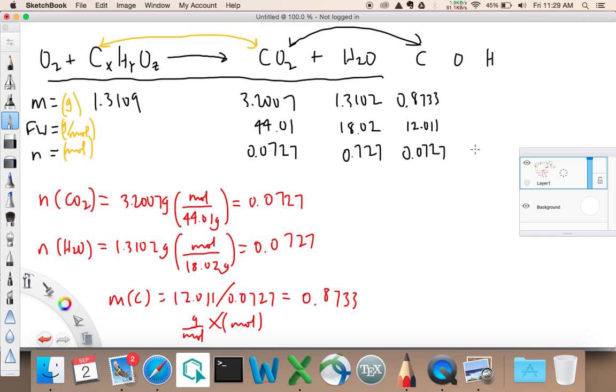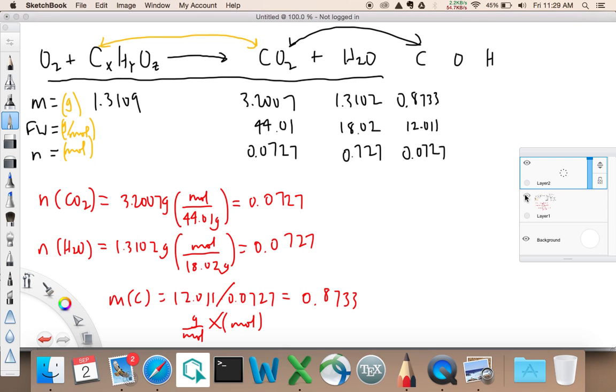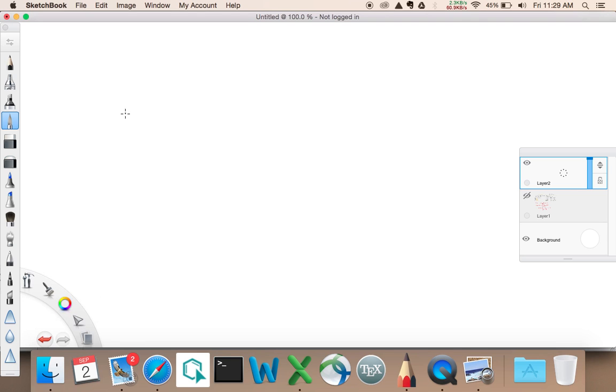Okay, how many moles of hydrogen are there? I'm going to go back here for a second. There's 0.0727 moles of water. Moles of hydrogen. Looks like there's 2 for every one of that, right?